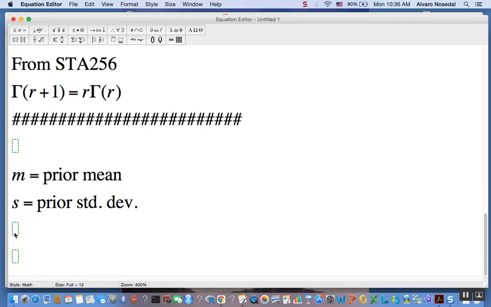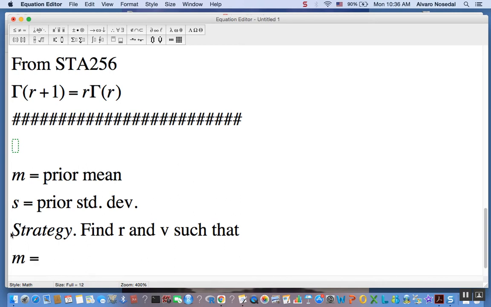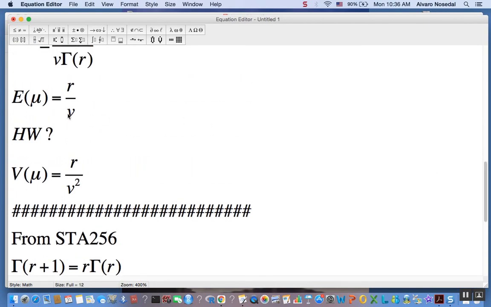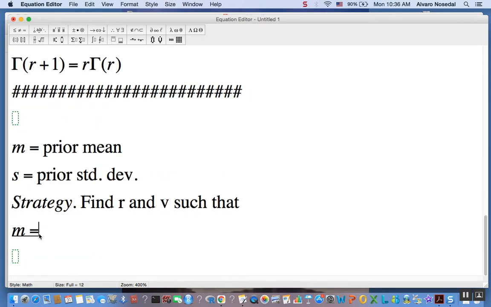So that's going to be our strategy: find R and V such that M, your prior mean, equals R divided by V, because we know that that's the expected value for a gamma random variable.